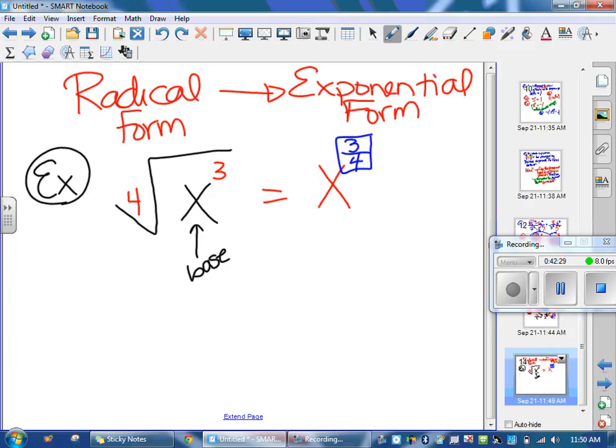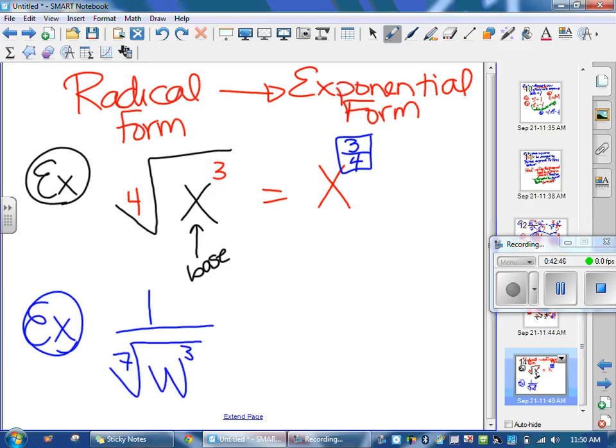Okay, let's do one with a negative. Let me write that down. Last example: 1 over the 7th root of w cubed. I like 3s and 7s today.